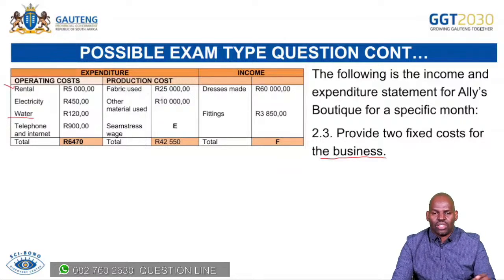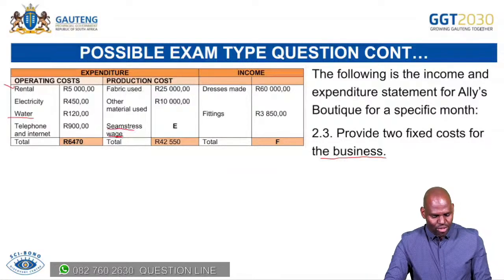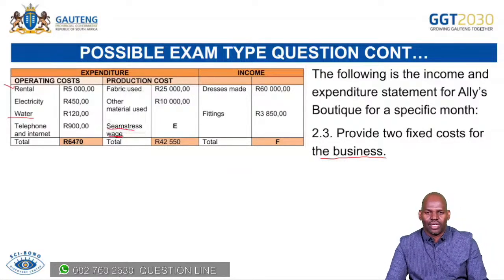Other material used might also change. The seamstress wage. So remember, a seamstress is a person who is sewing, or we can say a tailoress, and so on. So that will be a seamstress wage.